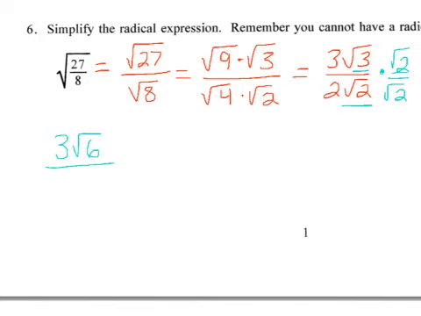And the bottom will become 2 times root 2 times root 2, which is just a regular 2. So our final answer is 3 root 6 all over 4. Now remember, you would not be allowed to cancel the 4 with the 6 at all and reduce it because the 6 is trapped inside the radical.